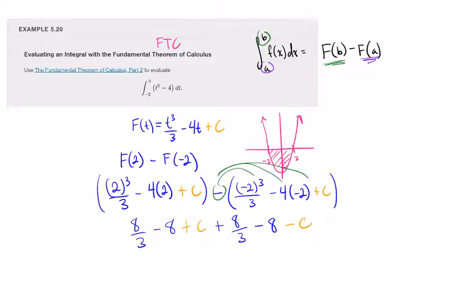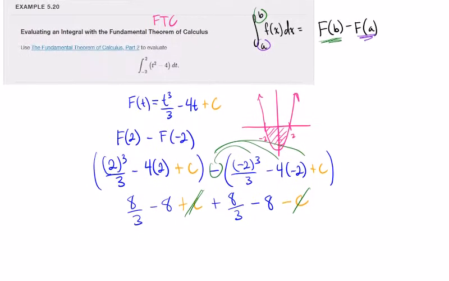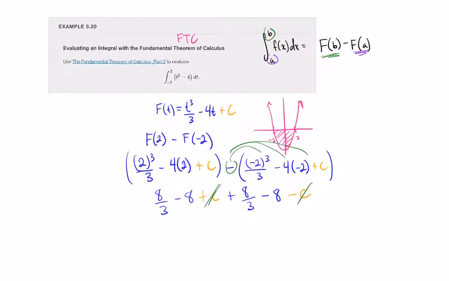This is why I wanted to show you the constants: if you're subtracting F of b minus F of a, those constants always cancel out. Here your constant will be plus c, and when you subtract, you'll have minus c. So when you're dealing with the definite integral, you can ignore the constant. You can definitely write it in, there's nothing wrong with that, but you can also ignore it because you know it's going to cancel out.